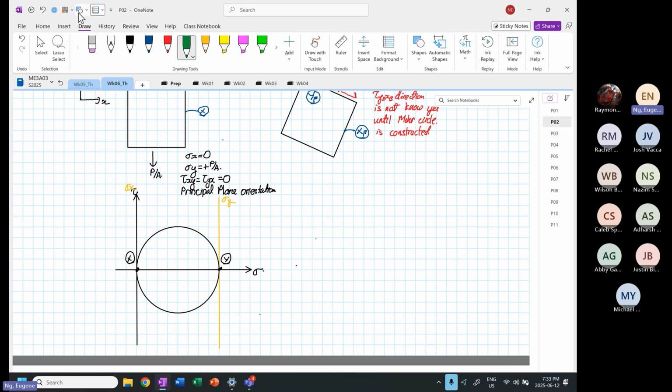Likewise, we can also find the center of the circle.